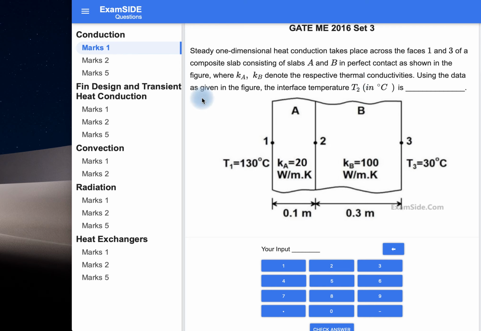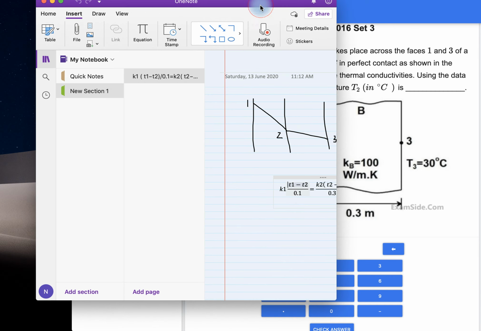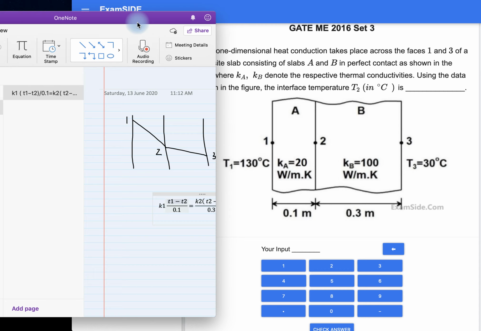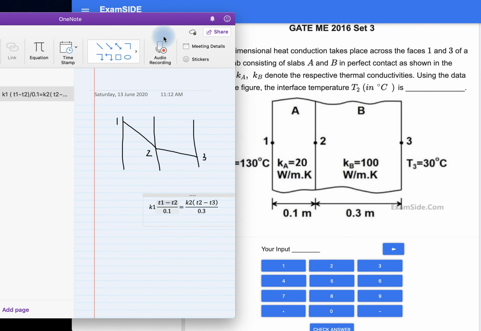Using the data given in the figure, the question asks us for the interface temperature T2. Here is our figure, phase 1, phase 2, phase 3. The temperature drop will be like this in slab 1 and slab 2.